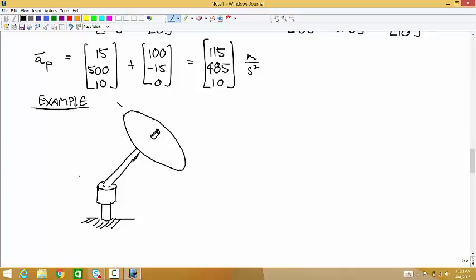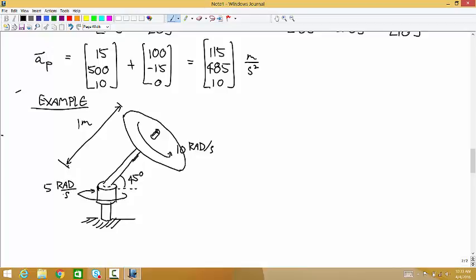Let's say that this distance is 1 meter, and this angle is 45 degrees. This disk is rotating with a constant angular velocity of 10 radians per second, and this sleeve is rotating about a vertical axis at 5 radians per second.